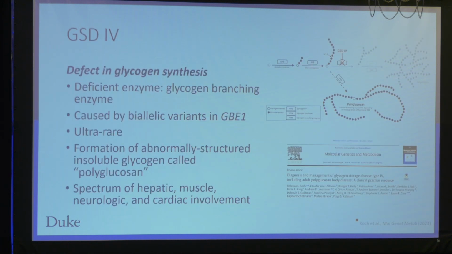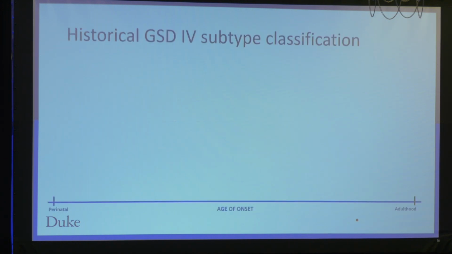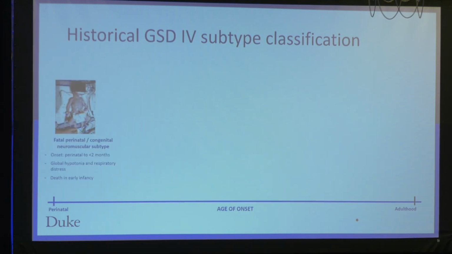So now going back to GSD type 4, I've tried to tell you what's going on, but here is where natural history studies teach us a lot. This is a point to be made for other glycogen storage diseases. The historical classification that we've had for glycogen storage disease type 4 has been, at one extreme, what we call the fatal form.